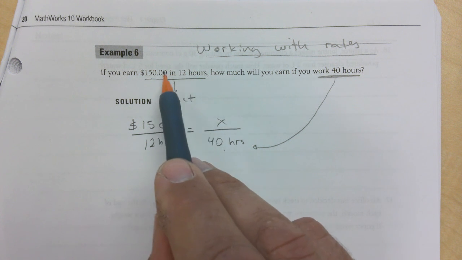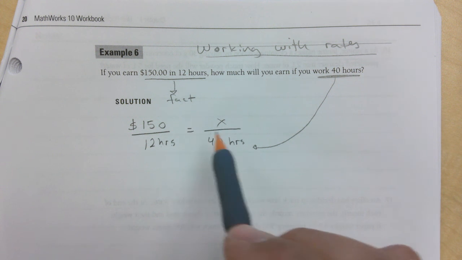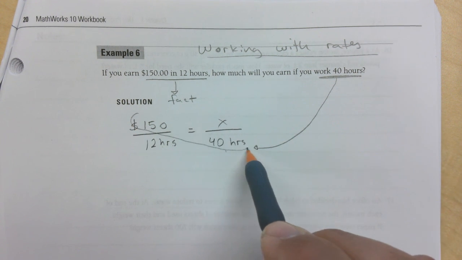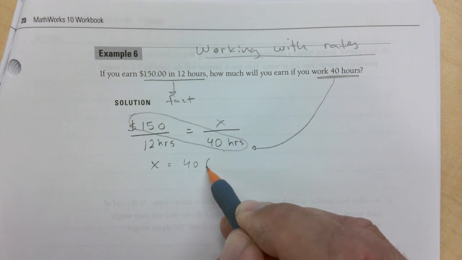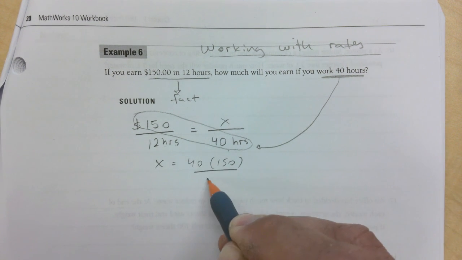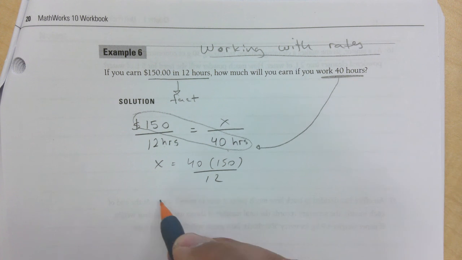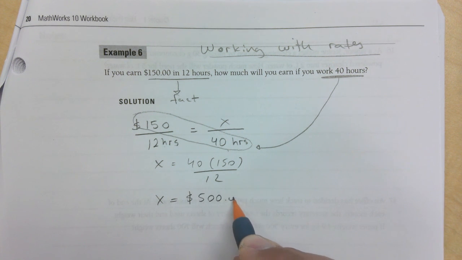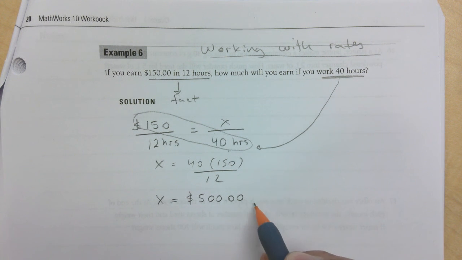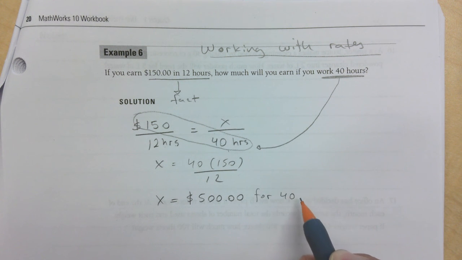They give you the amount for a bunch of hours, right? So we figure out that's just a cross multiply and divide scenario. And you do that. And that is $500 for 40 hours.